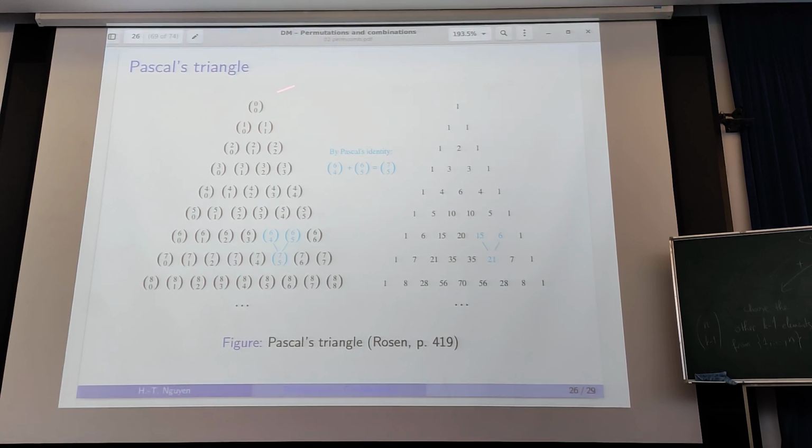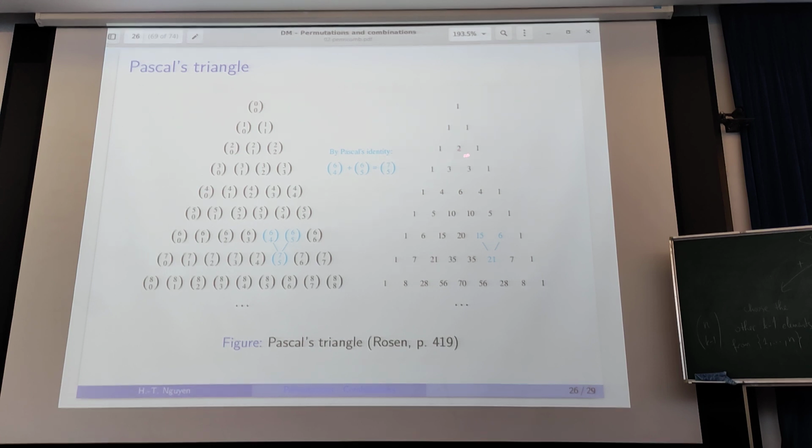And of course in each row you start with the ones from the outside. Okay. So row 0 you have one term, row 1 you have two terms, and so on. So here you have 1 and 1, and the middle term here you obtain by taking the sum of 1 plus 1, that gives 2.